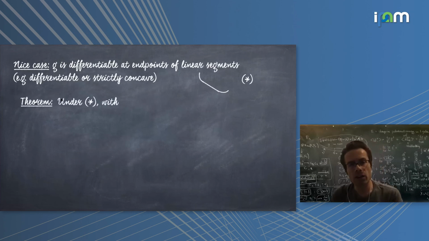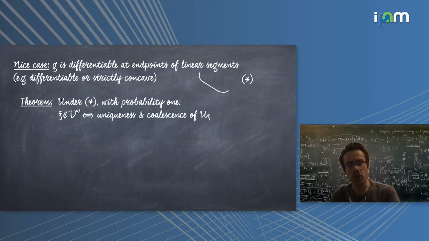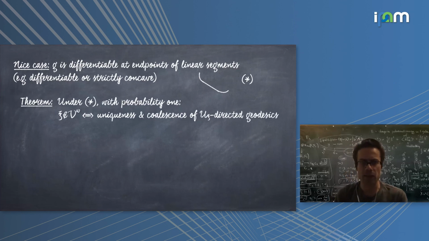Under this assumption, you can prove the following, with probability 1. The previous slide was talking about coalescence and uniqueness for the Busemann geodesics in the various directions. It said that there is a problem with coalescence if you're in an exceptional direction.